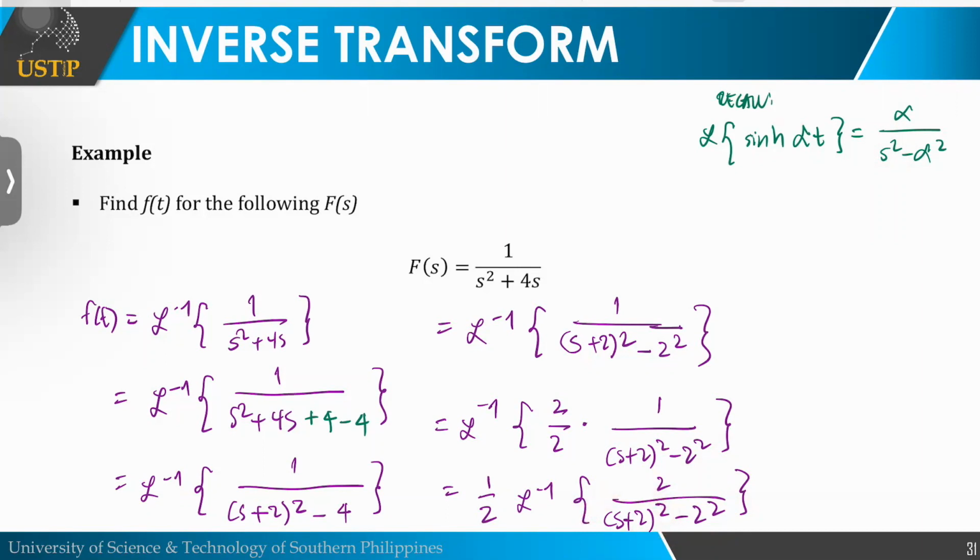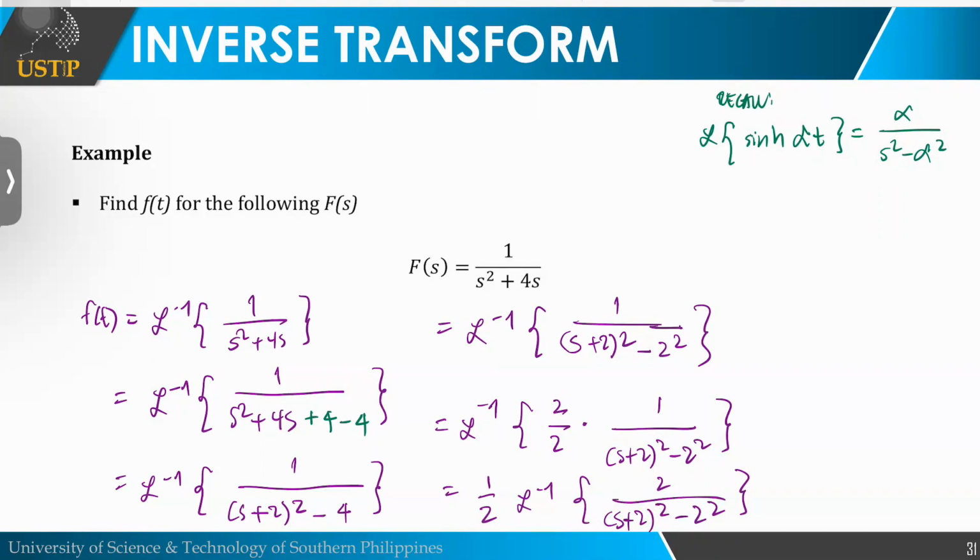But from the first theorem that we discussed, we know that if the exponential function is multiplied with a certain function, the effect is that s becomes s minus alpha. So that means this s plus 2 is caused by the exponential function.